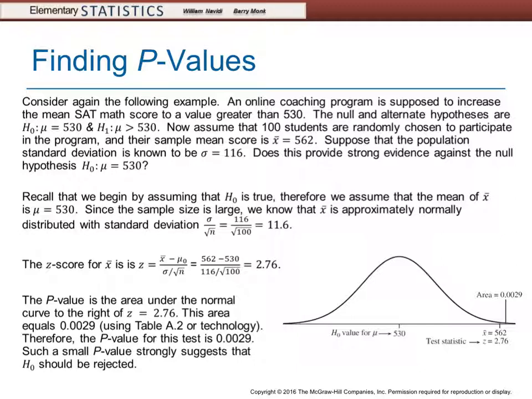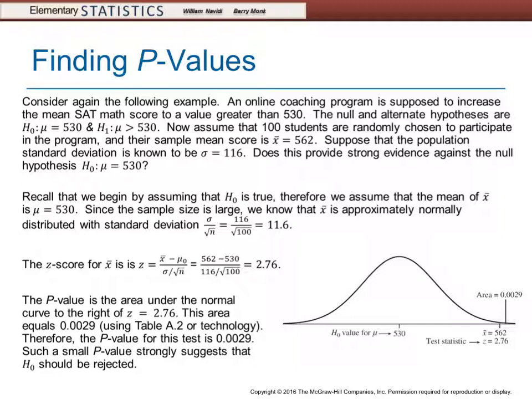Now assume that 100 students are randomly chosen to participate in the program and their sample mean score is x bar equal to 562. Suppose that the population standard deviation is known to be 116. Does this provide strong evidence against the null hypothesis H naught, mu equals 530?